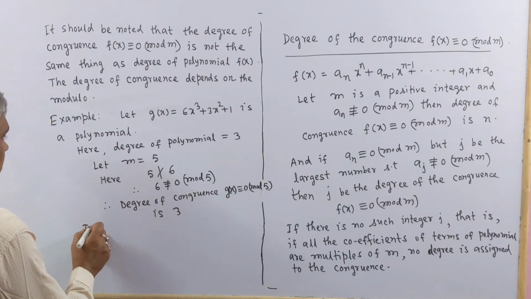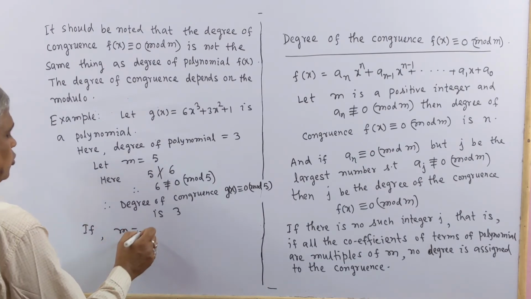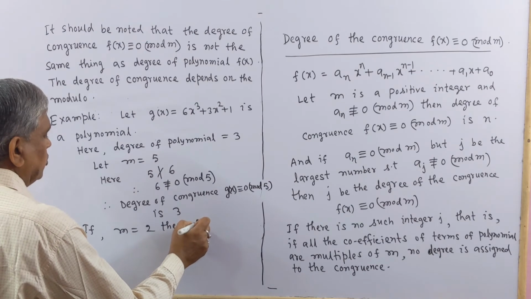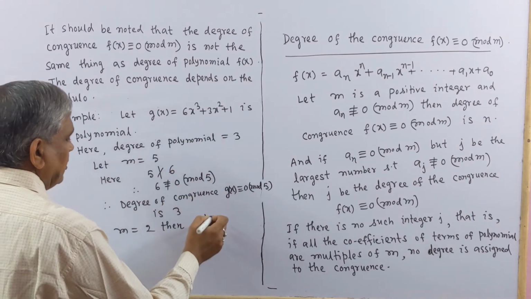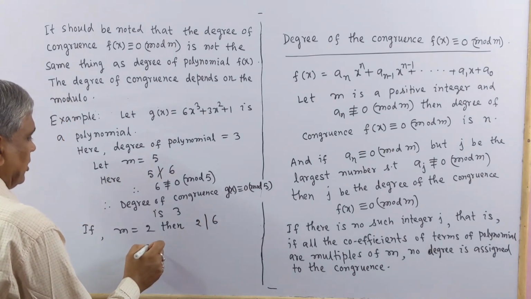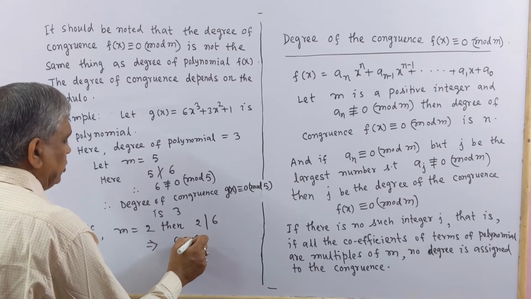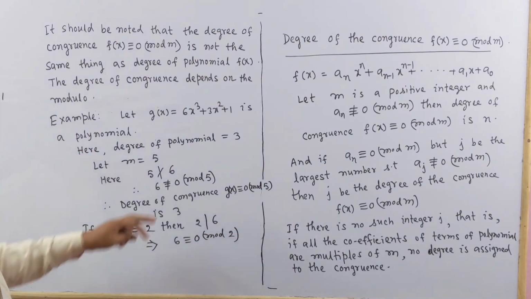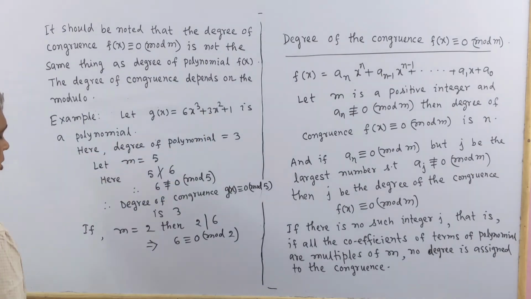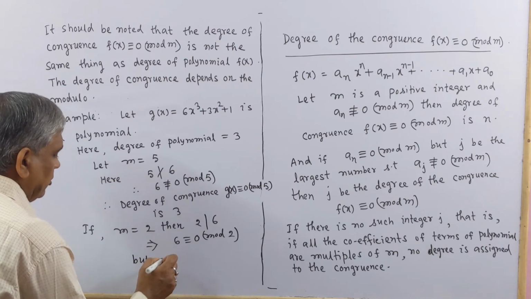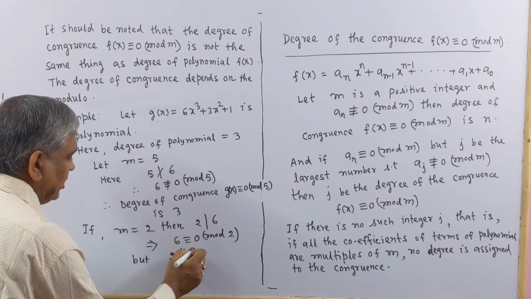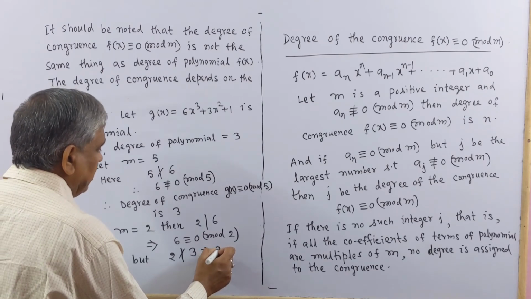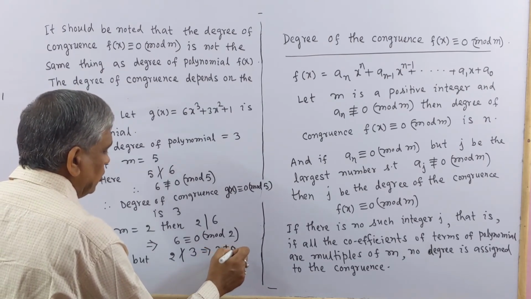If m = 2, then 2 divides 6. That means 6 is congruent to 0 modulo 2. But for the coefficient 3, 2 does not divide 3, which implies that 3 is not congruent to 0 modulo 2.